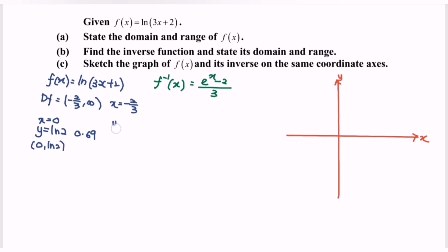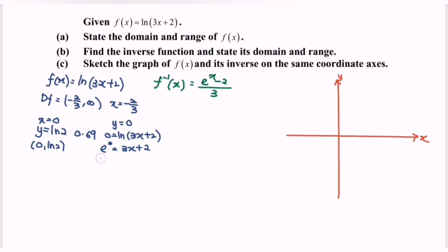Next, when y = 0, we have 0 = ln(3x + 2). Express the situation in index form, where we have e^0 = 3x + 2. e^0 is equal to 1.